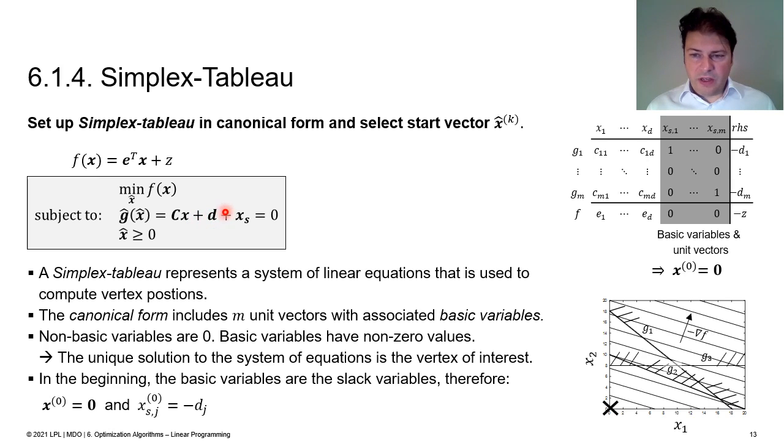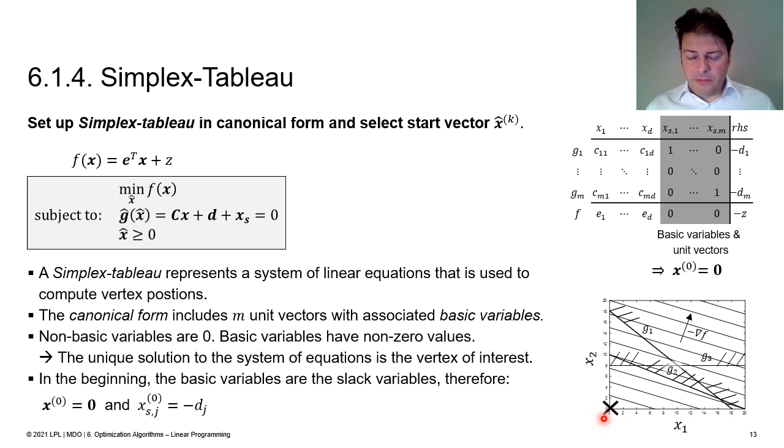If you solve this system of equations assuming that these variables here are all 0, what you get are the values for the slack variables. And since the non-basic variables are 0, all your x values are 0, meaning that you are in this corner of your design space at the origin.